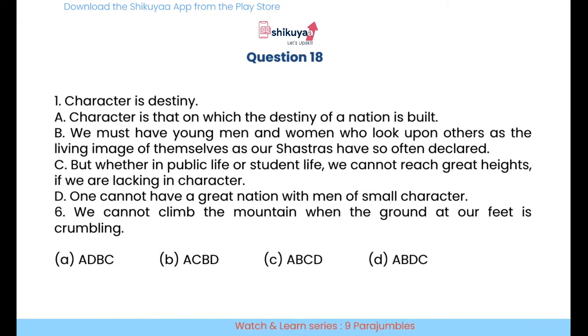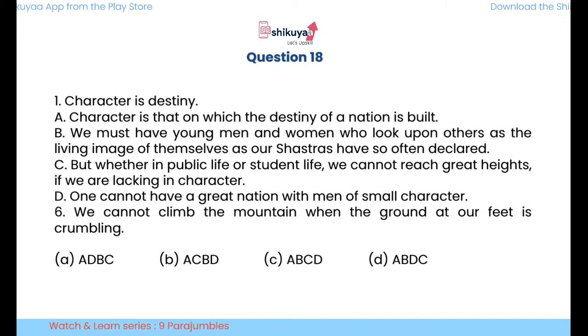One cannot have a great nation with men of small character. We must have young men and women. So A and D I would like to just cross check. Okay, Kirtiraj says D. Priyanka says B. Priyanka, B cannot be the right option. Sneha says A. Okay, Sneha.